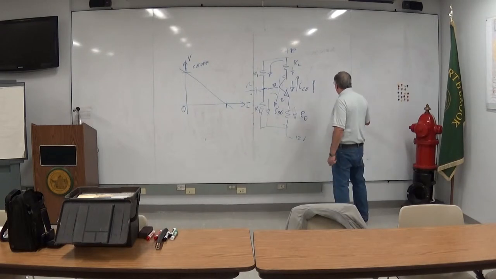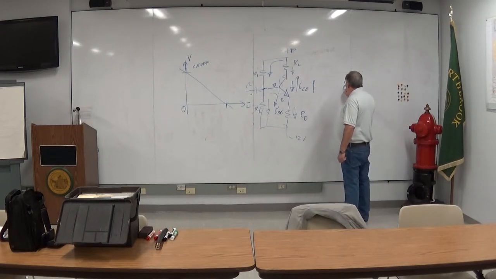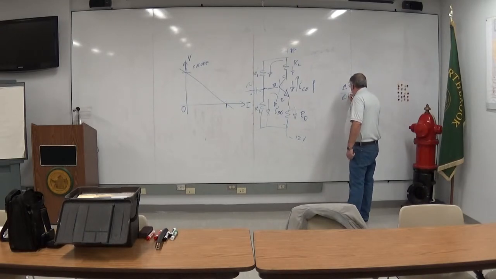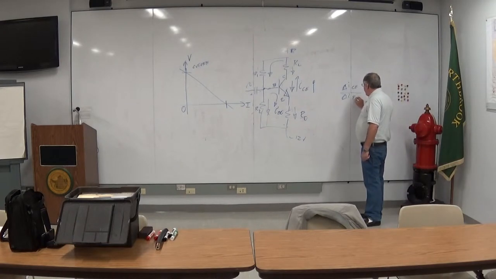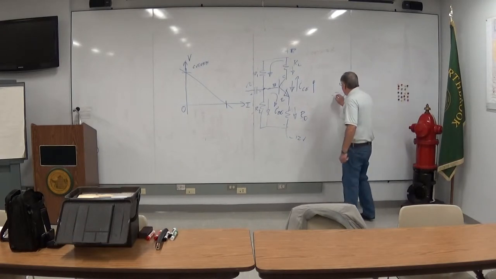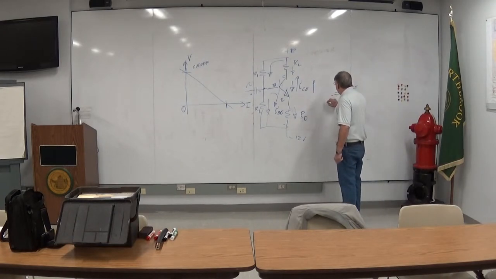In fact, the ratio of the change of current from collector to emitter based on the change, it's really the change, not so much the actual, from base to emitter, is the so-called beta.